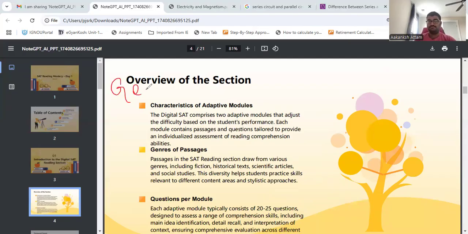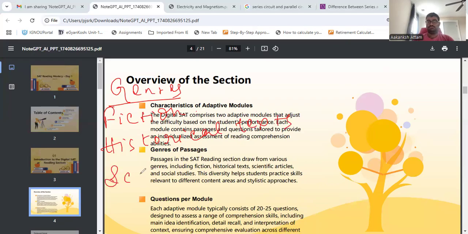Genres will be fiction. Please make a note of it. Historical texts, scientific articles, and social studies.